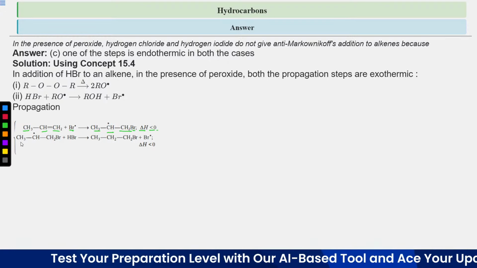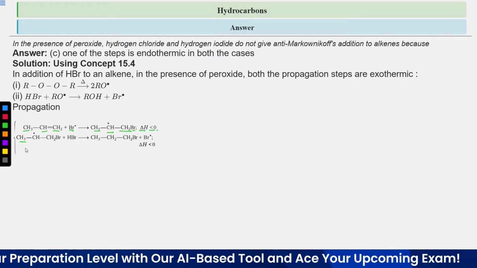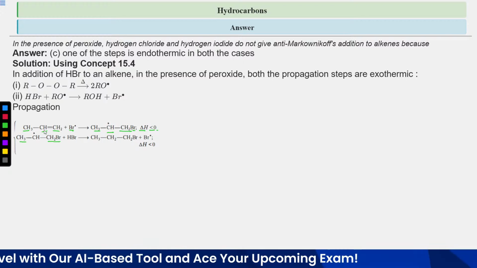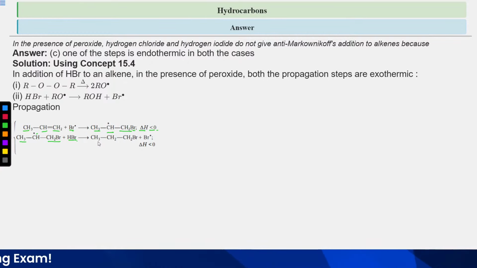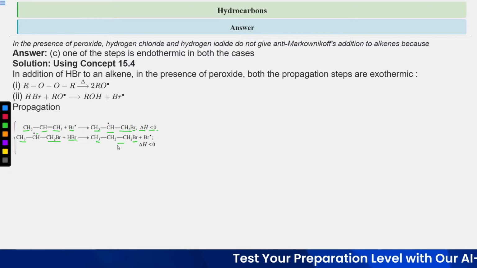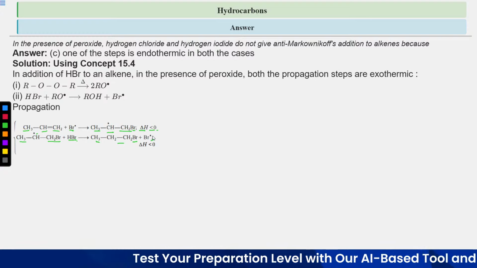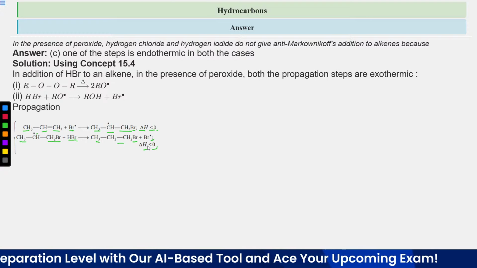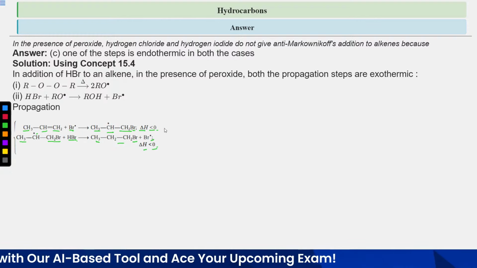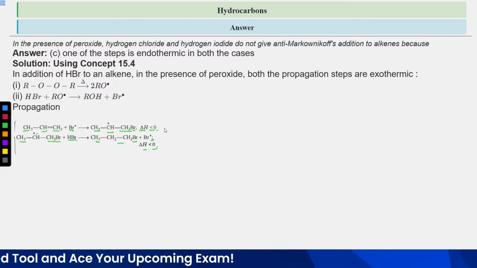Now, this bromopropyl free radical we obtained reacts with the HBr we have, and it will convert to the molecule CH3 CH2 CH2Br, propyl bromide, right? And the bromine free radical again gets regenerated, and for this process again the del H is less than 0.